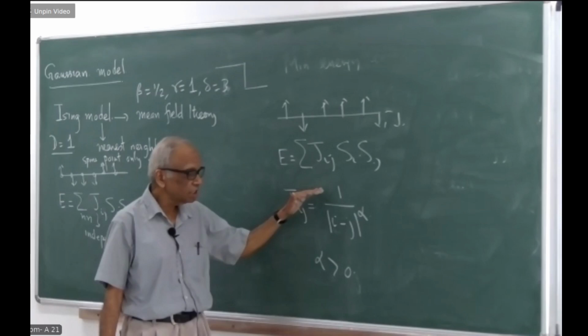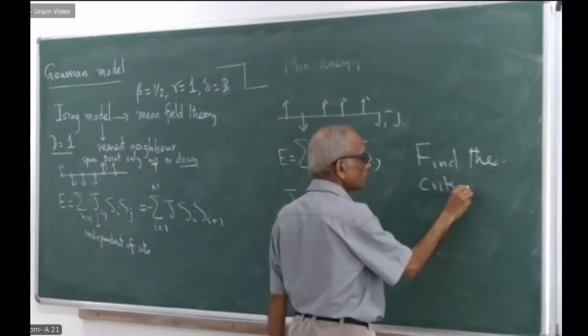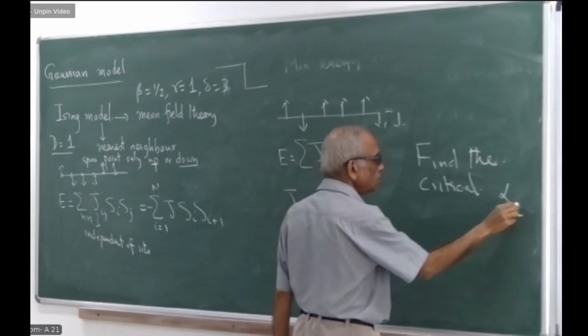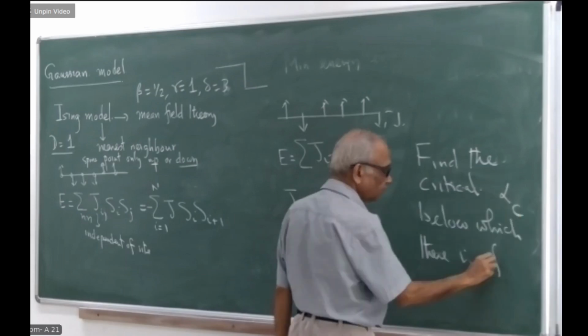Find the critical alpha c below which there is a finite temperature ordered state.